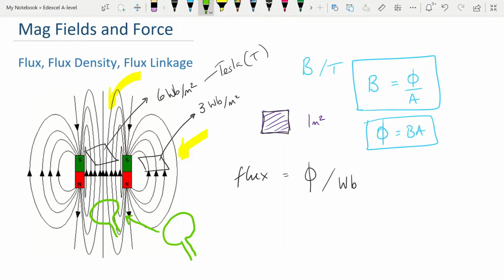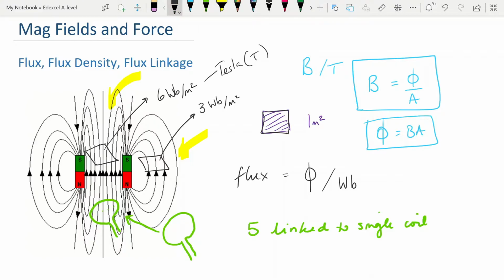If we now count the number of flux lines that are passing through that wire, we can see we've got 1, 2, 3, 4, 5. So we would say we have 5 lines of flux linked to that single coil. So its flux linkage would be 5.